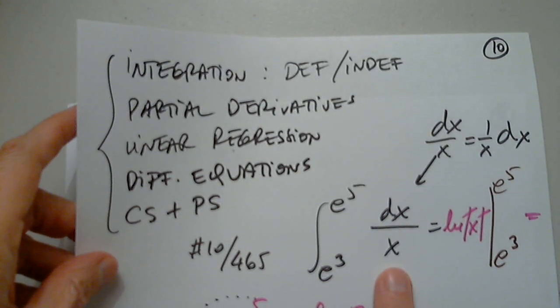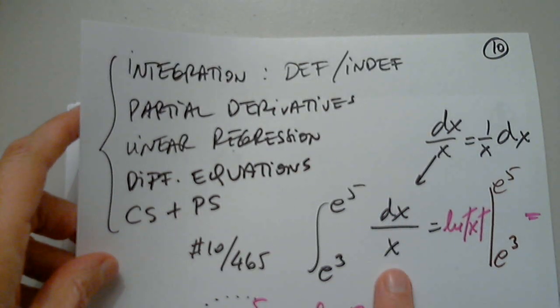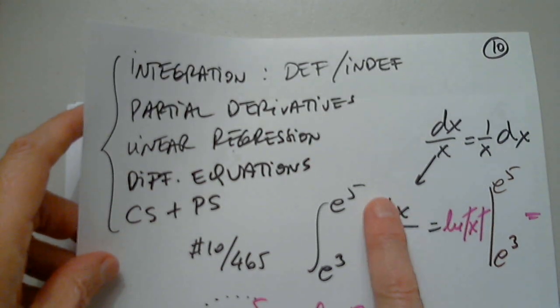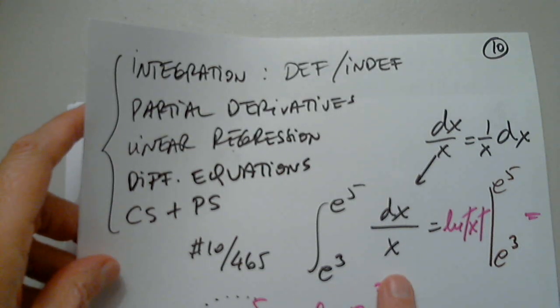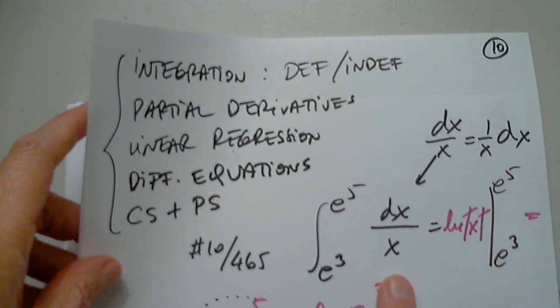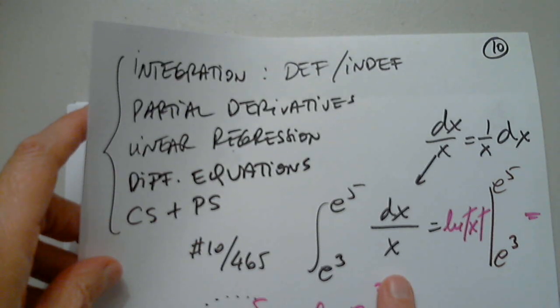When is 1 over x not continuous? At what value of x is 1 over x not continuous? When x is 0.